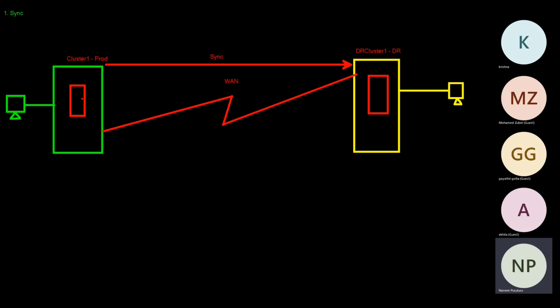Let's assume that here I have configured a synchronous replication. In synchronous replication, the data is continuously copied between source and destination. This is my source, and here is my destination.